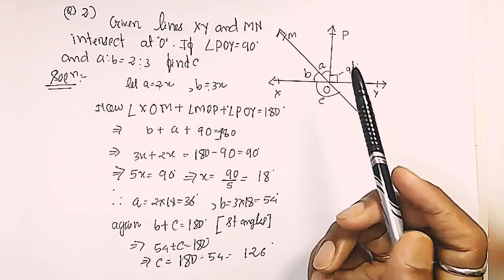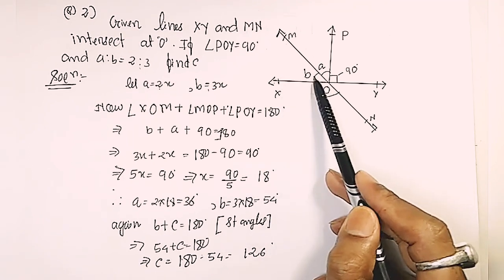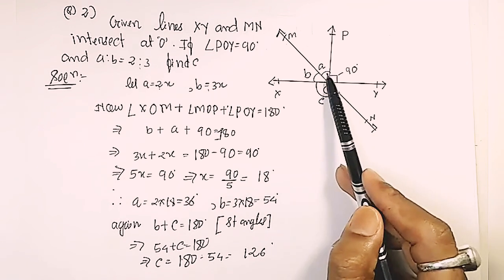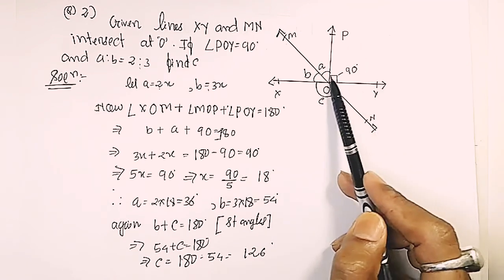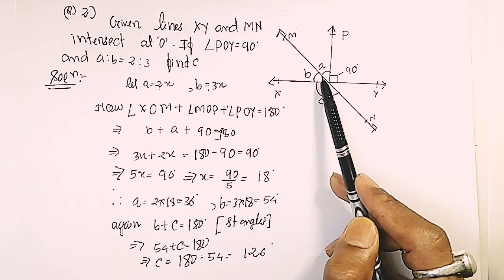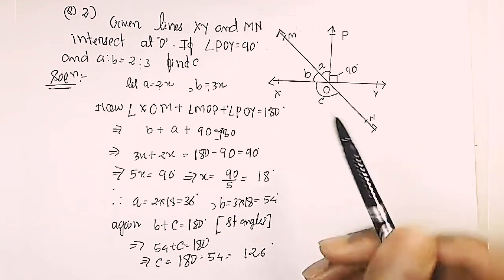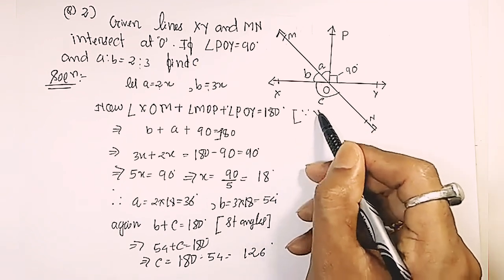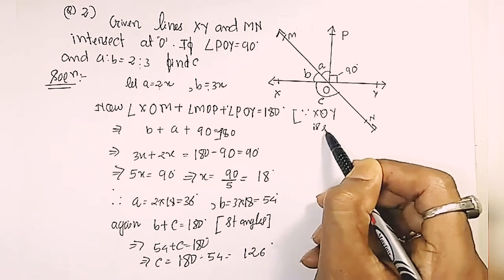Now XOM, this angle, MOP, this is the angle, and POY, this is the third angle. That means the sum of these is 180 degrees, because XOY is a straight angle.